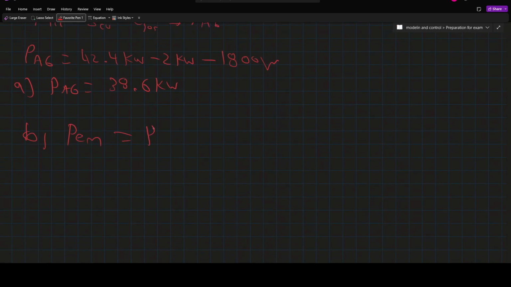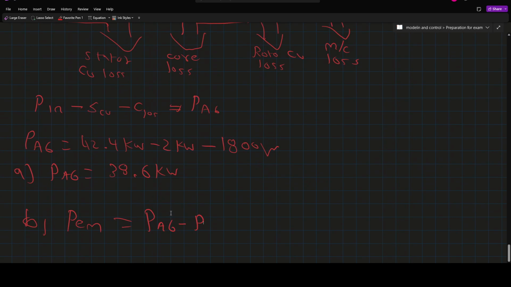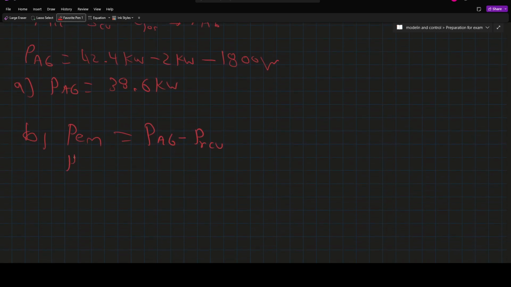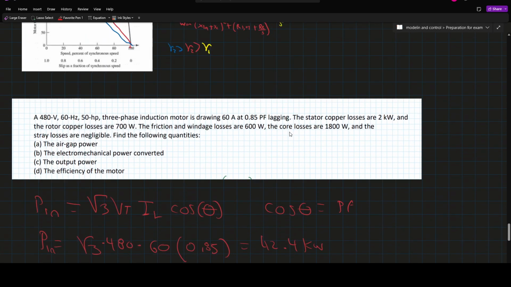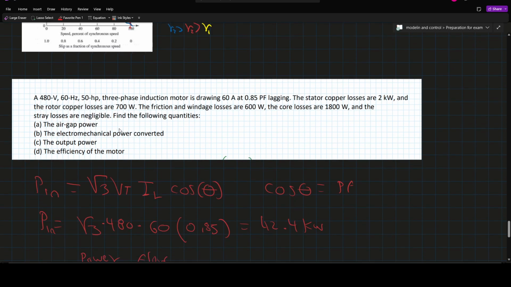So our electromechanical power is going to be 38.6 kilowatts minus how much are we losing in the rotor? 700 watts.